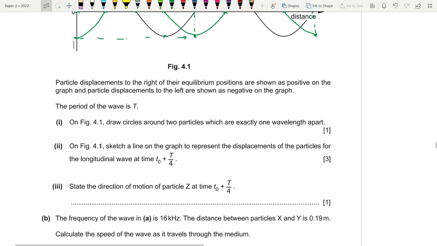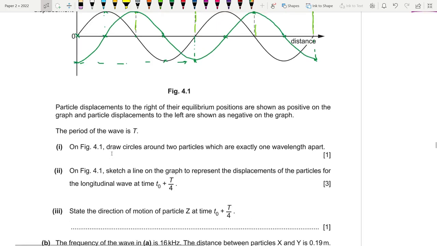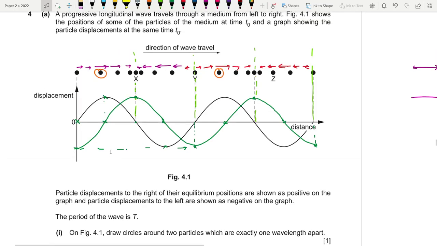State the direction of motion of particle z at time t naught plus T by 4. Okay, so look at particle z, this particle over here. Now you remember what the text told us? Particle displacements to the right of the equilibrium positions are shown as positive.